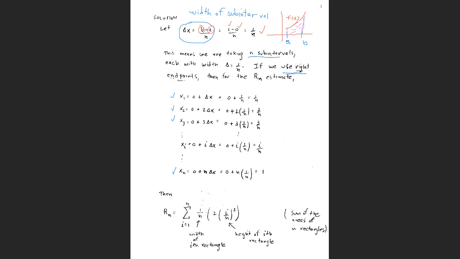The way you can get the values of your x's is, using right endpoints, you take the value of a. In our case, a was equal to 0.